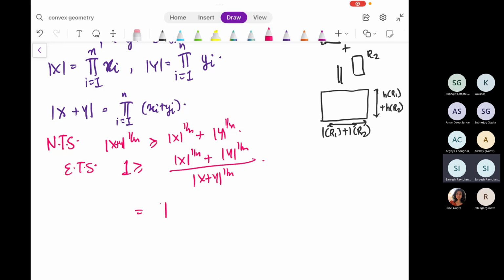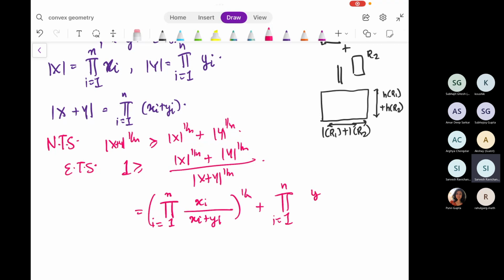It is the product from i equal to 1 to n, (xi by xi plus yi) whole to the 1 by n, plus the product i equal to 1 to n, (yi by xi plus yi) whole to the 1 by n, where what I've done is I've actually distributed the denominator across the two terms.